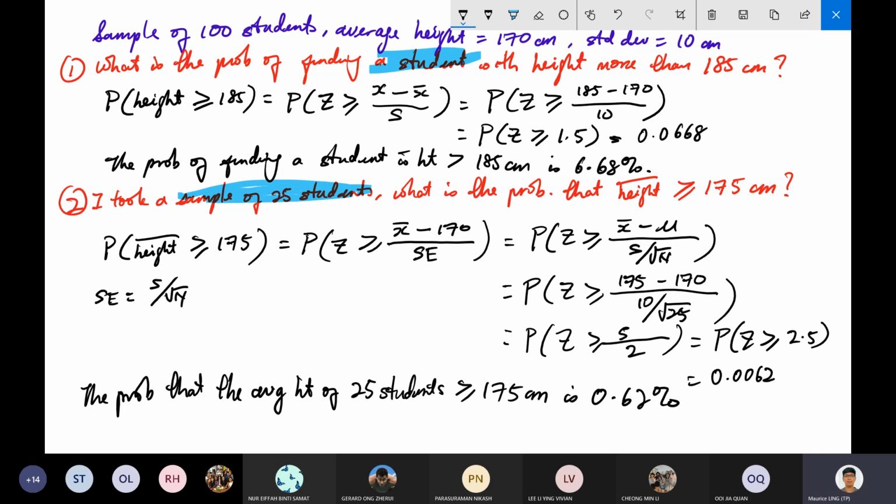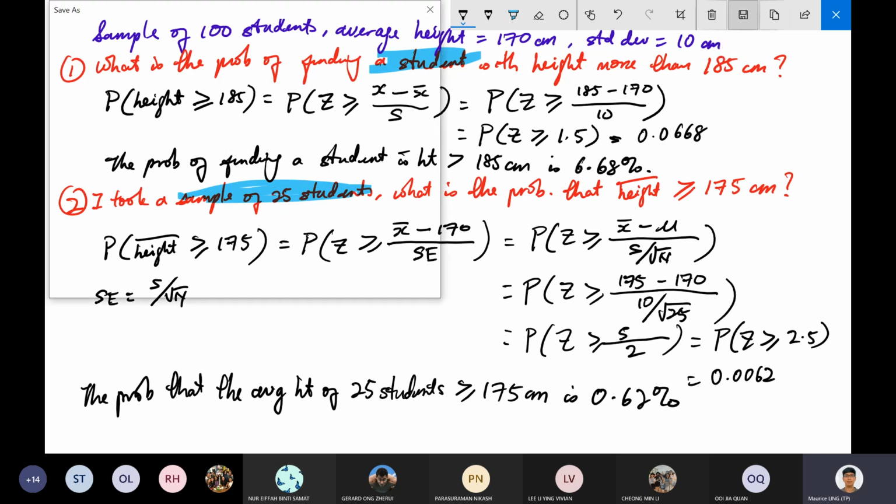Which means that if you do not know normal distribution well today, next week when we do hypothesis testing, you'll be confused until the end of the semester. So please, this week is a very important week. Get your normal distribution well.